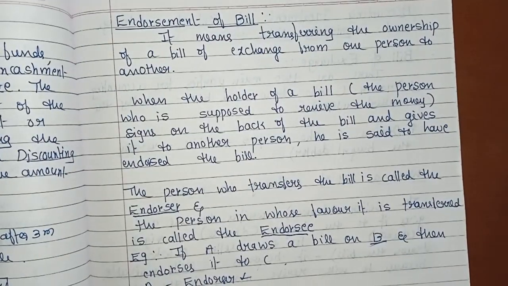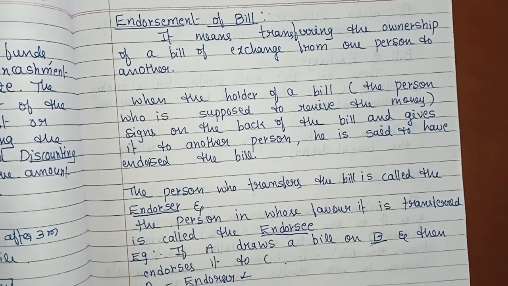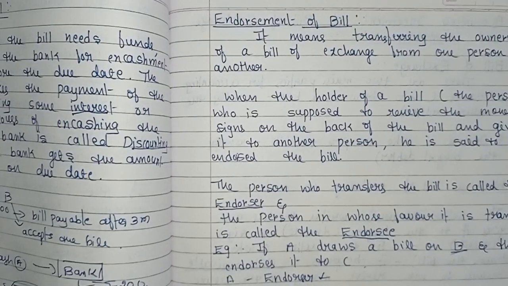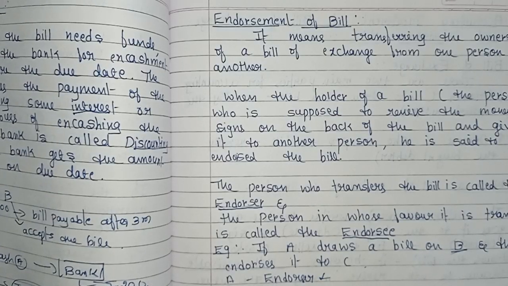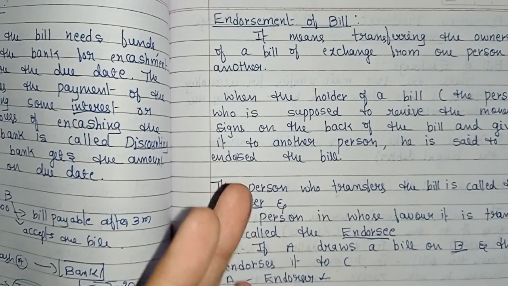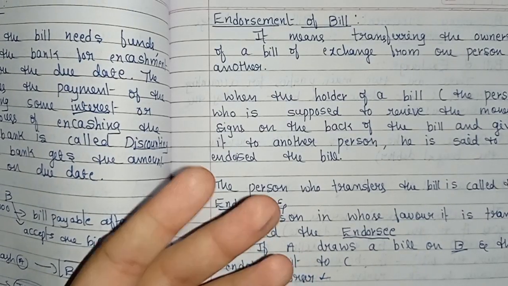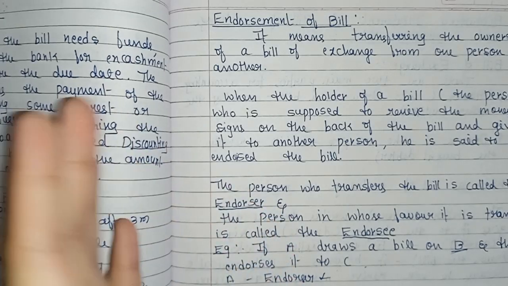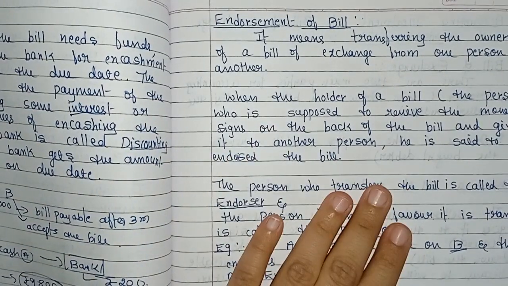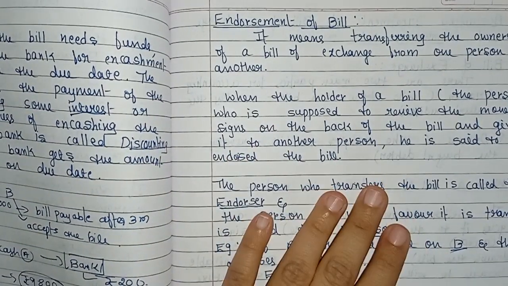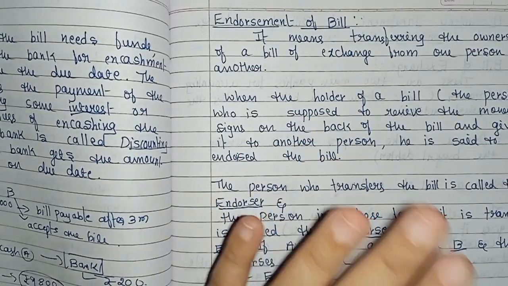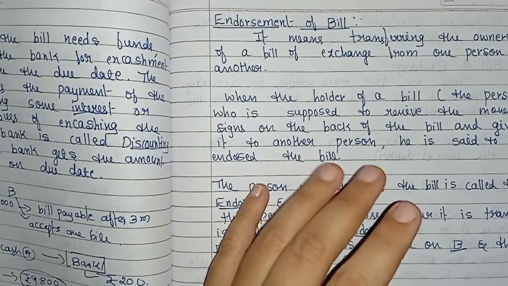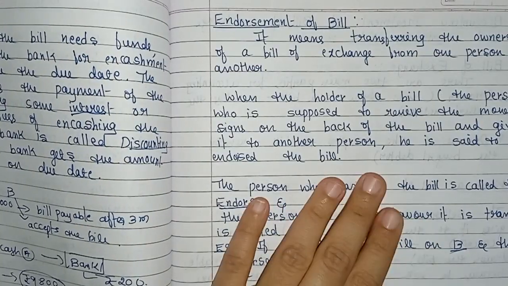This is applicable only to bill of exchange, not to promissory note. Because a bill of exchange is drawn by one person and accepted by another, it can be transferred to a third party. But a promissory note is a promise made by the maker himself to pay, so it cannot be endorsed further like a bill.